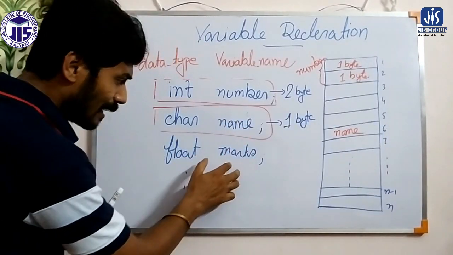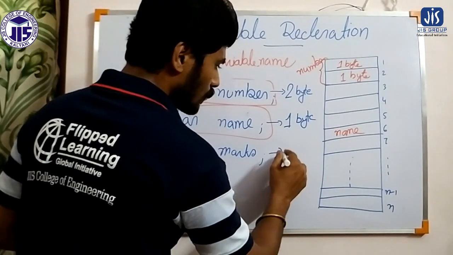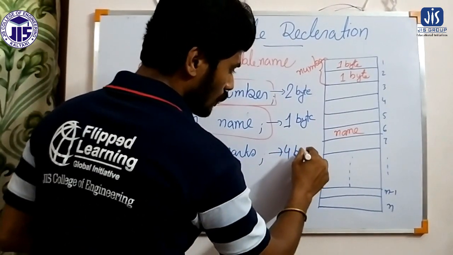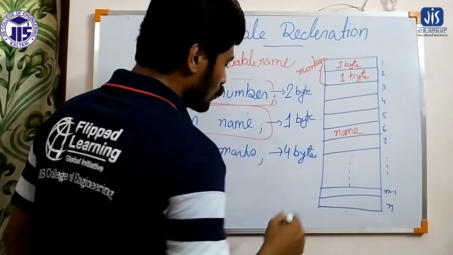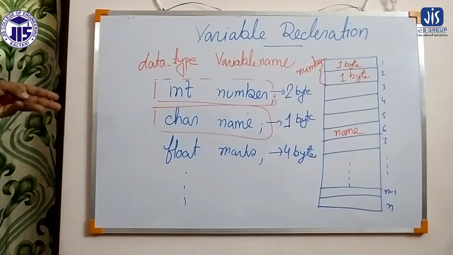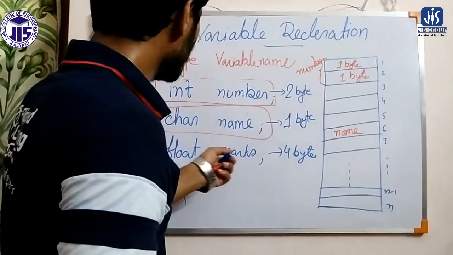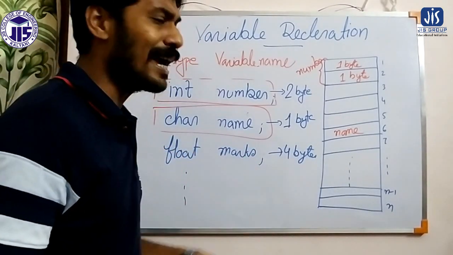Same way, marks. What is the size of marks? 4 bytes. Why 4 bytes? Because the data type of marks is float. So as the data type of marks is float, the size will be 4 bytes.